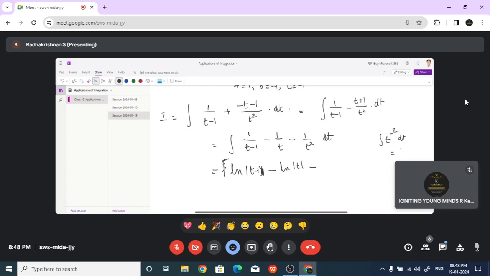You simply add 1, so t power minus 1 divided by minus 1, which gives minus 1 by t. So this is your answer: the given integral is ln (t minus 1) minus ln t plus 1 by t.